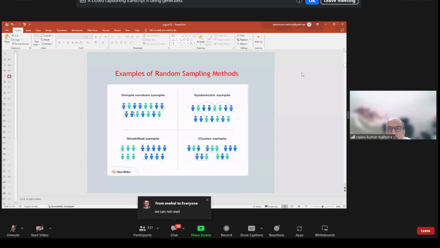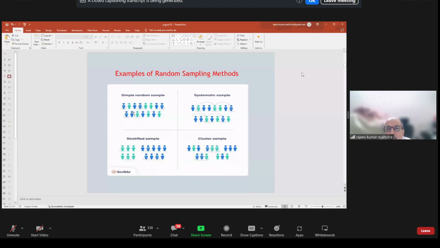In the same way, in systematic sampling, we also know the list of the participants. What we do in systematic sampling is apply a systematic method. For example, I say I will select every seventh subject in the population, or every K-th subject in the population.